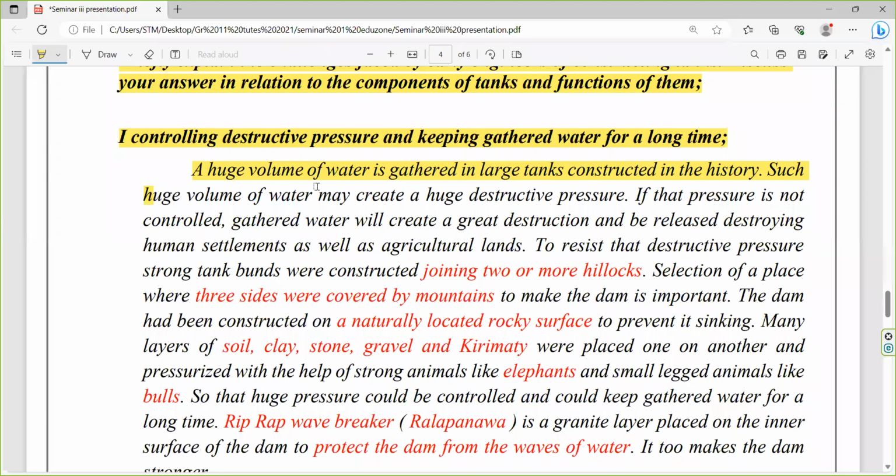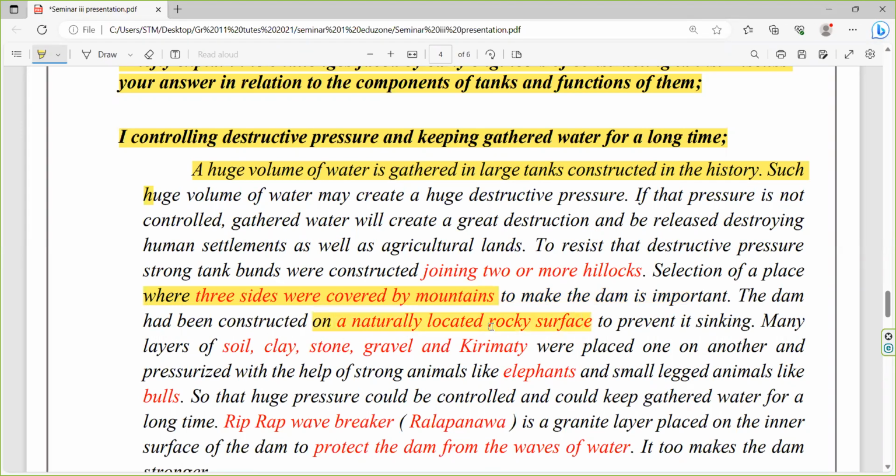Right, a huge volume of water is gathered in large tanks constructed in history, so you have to write that in your answer. Then you have to write how they constructed the tank. Here, three sides were covered by mountains to make the dam. And on a naturally located rocky surface.